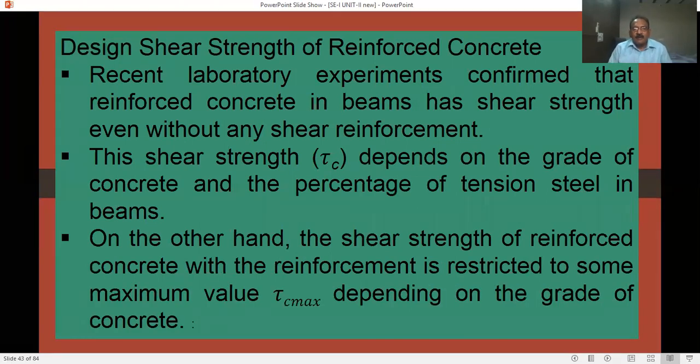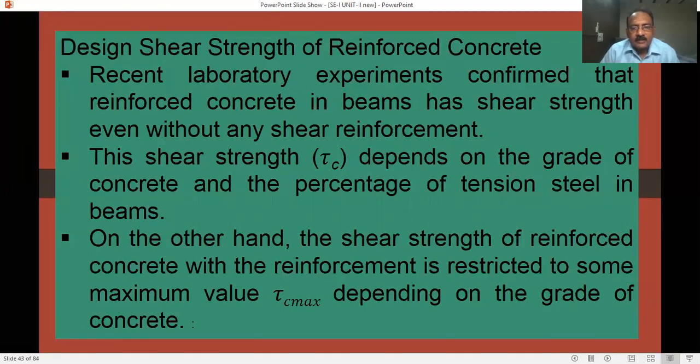Now, design shear strength of reinforced concrete. Recent laboratory experiments confirmed that reinforced concrete beams have shear strength even without any shear reinforcement. As we discussed in previous classes, concrete itself will have shear strength, that is tau_c.